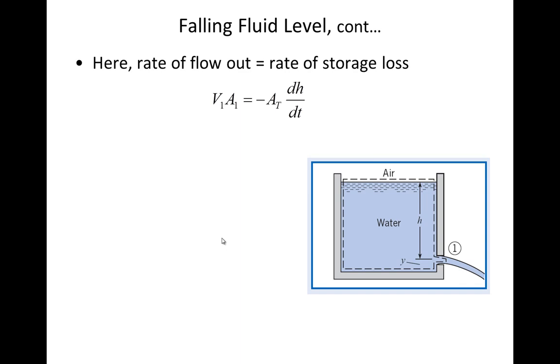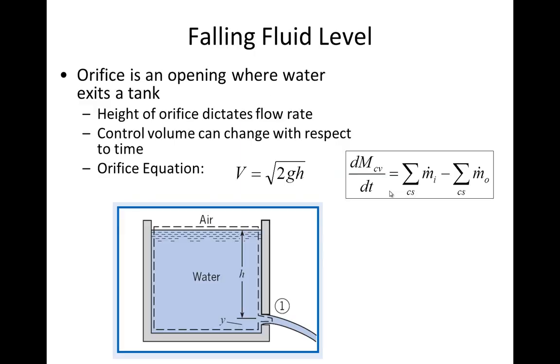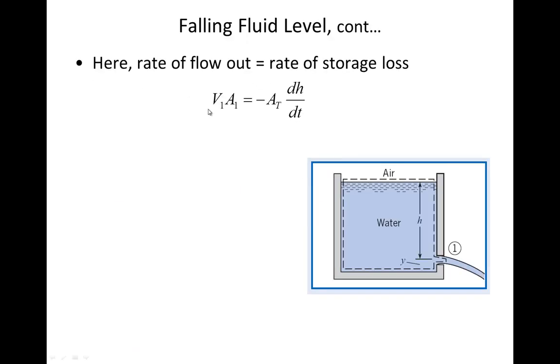And so we can find an equation that will relate how long it takes for a tank to empty if we consider the change in water elevation over time. So here in the equation, what that's saying is that V1A1, so that's the flow rate out from the tank, is equal to the rate of loss inside of the control volume. So this is the flow rate out, volumetric flow rate at this point, since we're just working in terms of volume, velocity and area. We haven't yet multiplied anything by density.